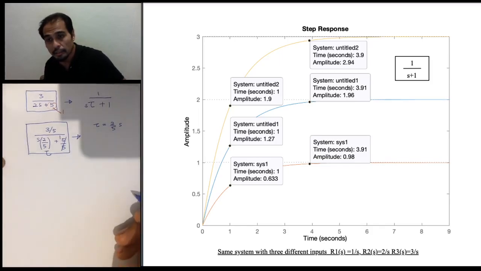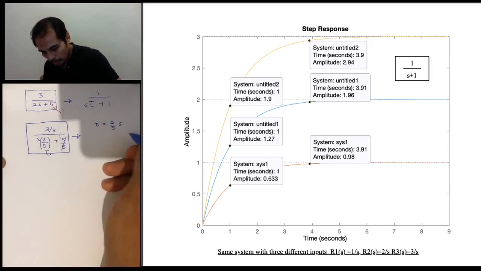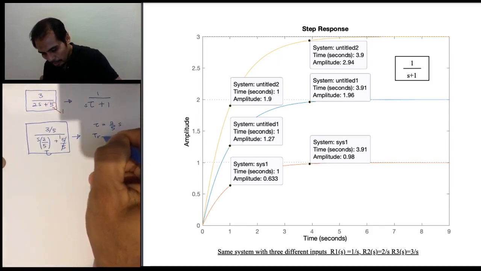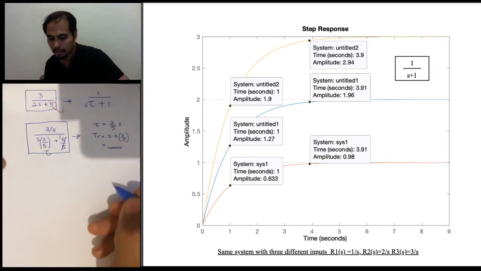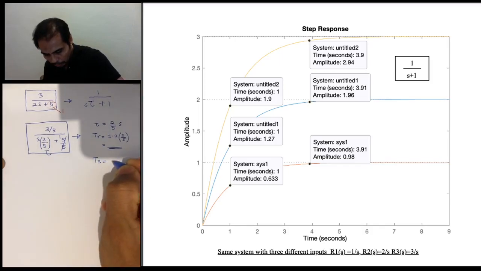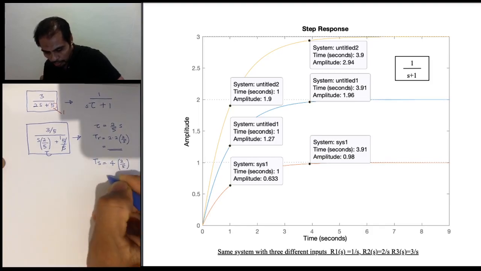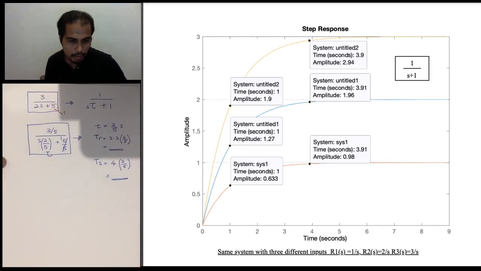So from here, we can simply determine the time constant, which is 2 over 5 seconds, right? And then from knowing these values, we can find Tr, which is equal to 2.2 multiplied by tau, right? So we have this, okay? And then Ts, we have 4, or 3.91, make it 4, multiplied by 2 over 5, we have this, okay? So let me calculate this.